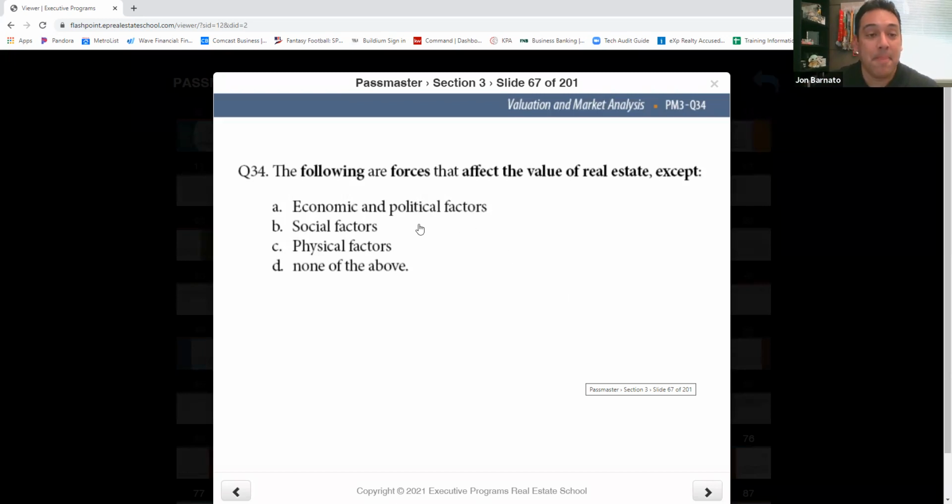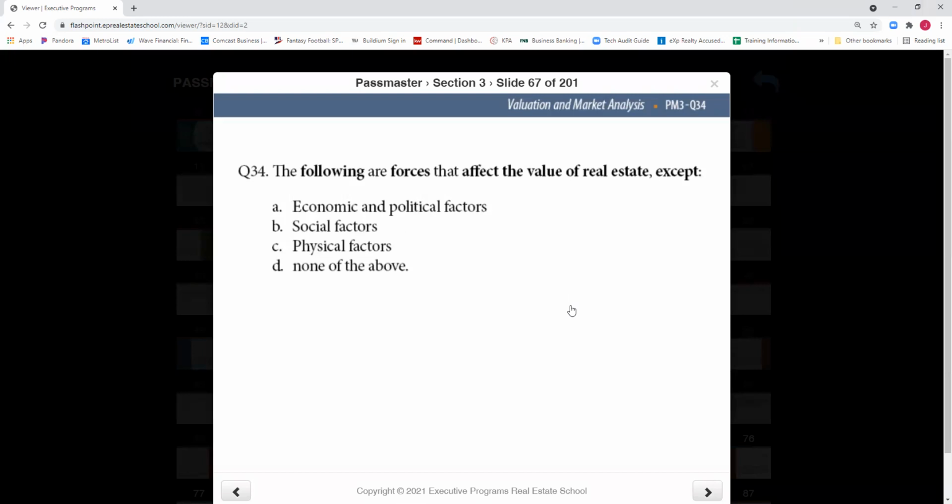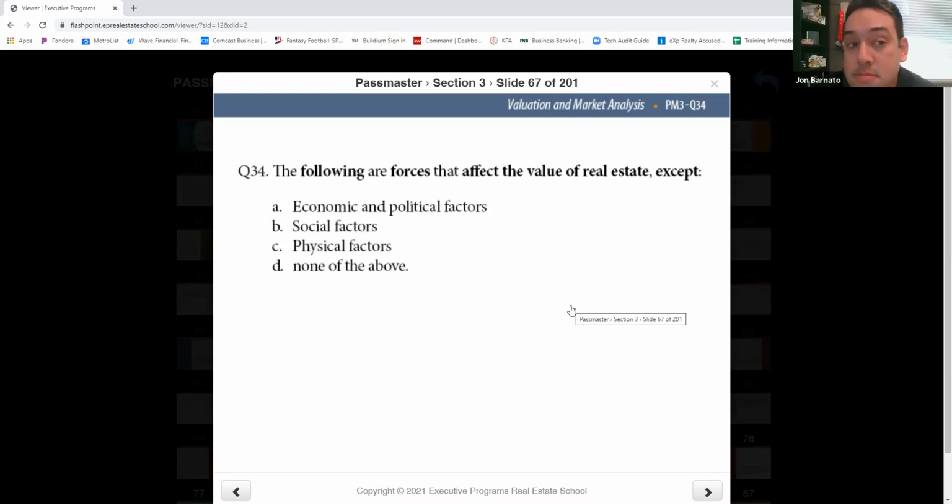So, all right. What about social factors? That's what I was going to ask you. What's the social factor that could affect value? I mean, an example is in Minnesota, protesting in the neighborhoods near where George Floyd happened. There's a lot of that kind of stuff that's impacted the value of the real estate in that area.